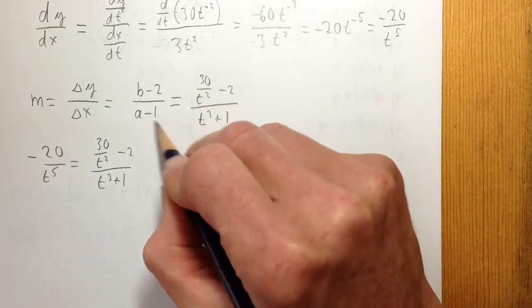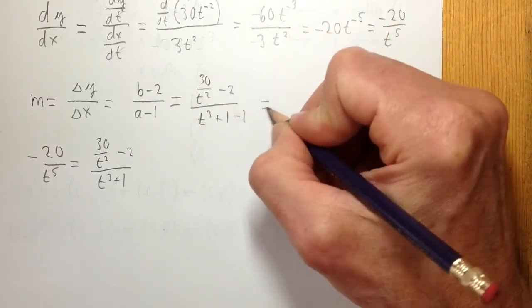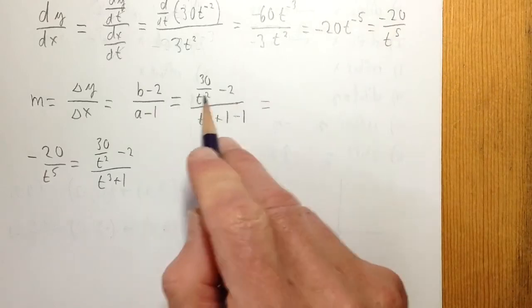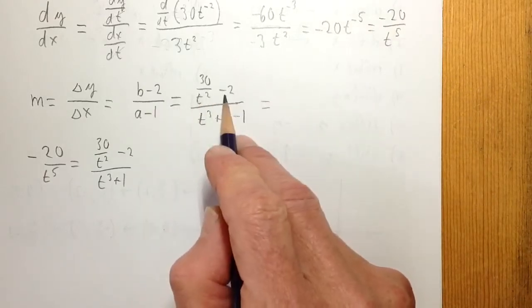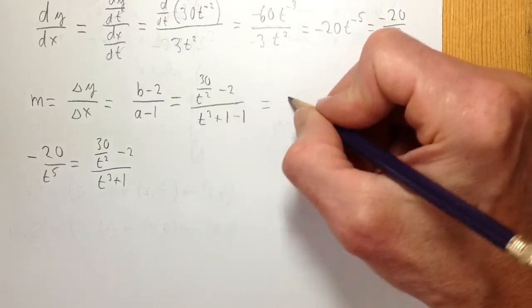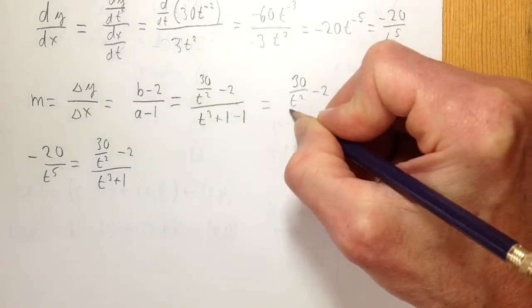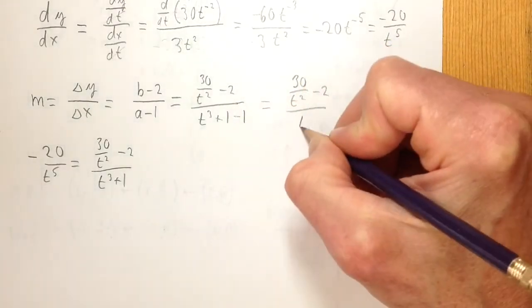This is t cubed plus 1 minus 1. Gosh, I keep making mistakes. Glad I caught that. B minus 2, y minus 2, x, t cubed plus 1 minus 1. That makes life a lot easier. It gets rid of the 1 in the bottom. So we have 30 over t squared minus 2 divided by just t cubed.